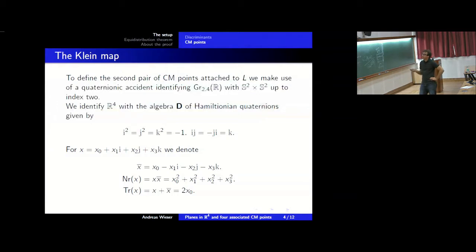Let me just recall, it's the algebra generated by three symbols i, j, k with these relations. Given that, you can define a conjugation, just reversing the sign, a norm, and notice that it's exactly the quadratic form we were looking at earlier, and a trace. It's just some formulas.